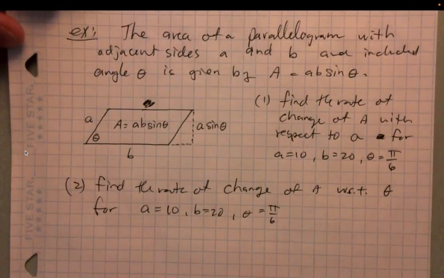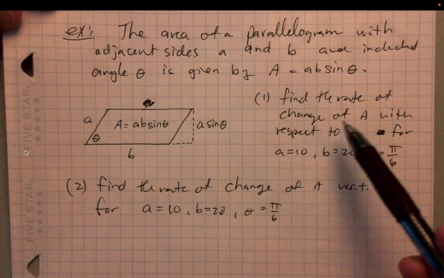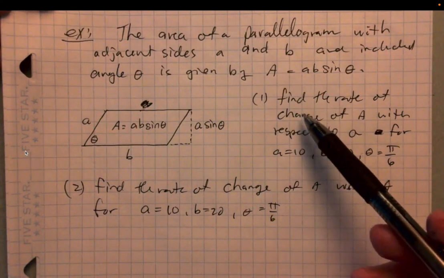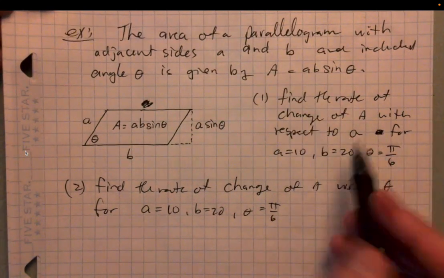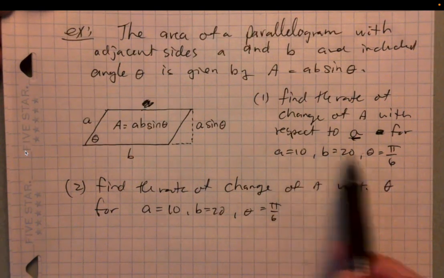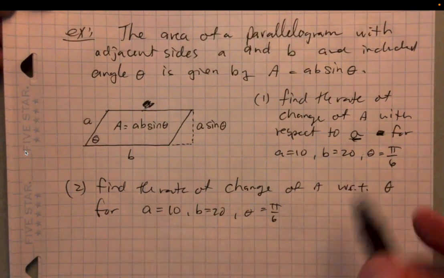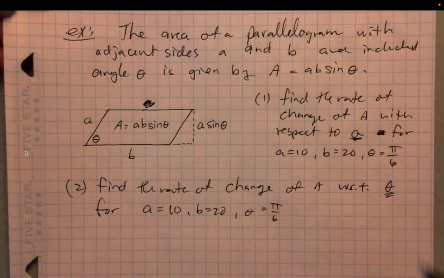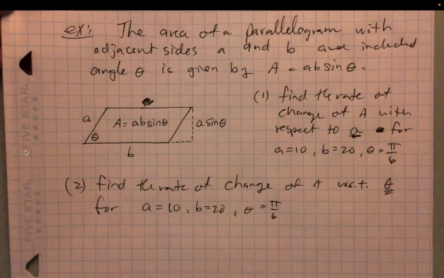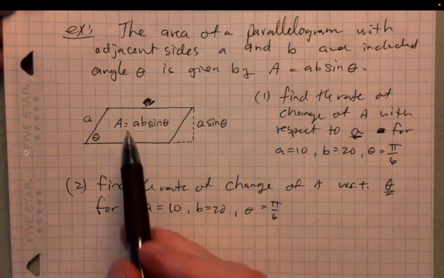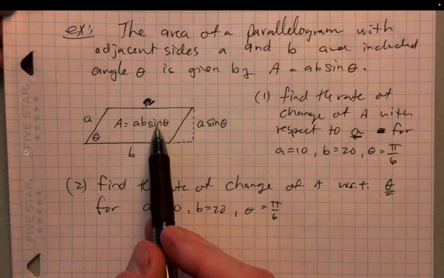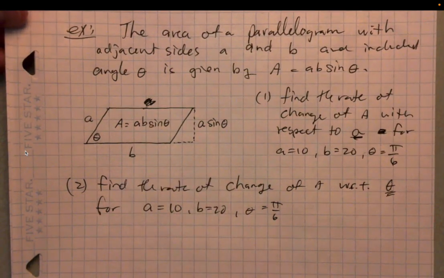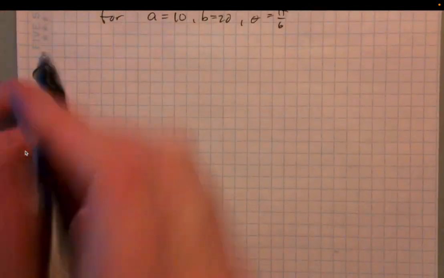Now, can we do this? Just thinking this through, item 1 is just a partial derivative with respect to a, evaluated at these points. Item 2 is just a partial derivative with respect to theta, evaluated at these points. Here's your function. Very different derivatives, but the blueprint is straightforward.